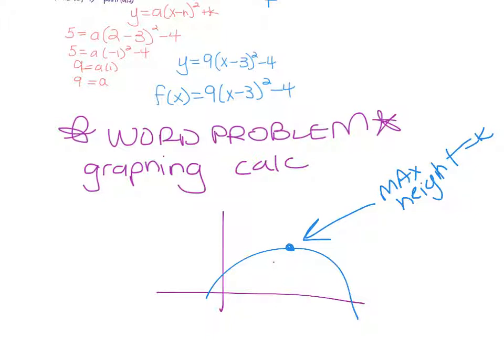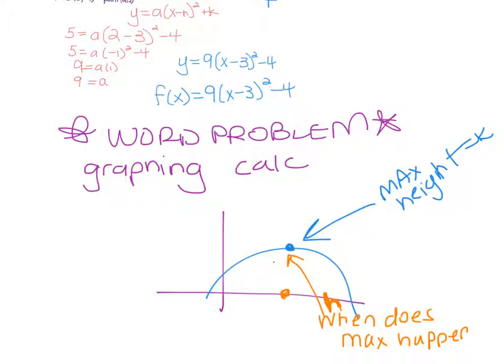If it asks, when does that max or min happen, now I'm looking for the x coordinate of my max. So this would be the h. What is the max is going to be the k. When does it happen is the x.